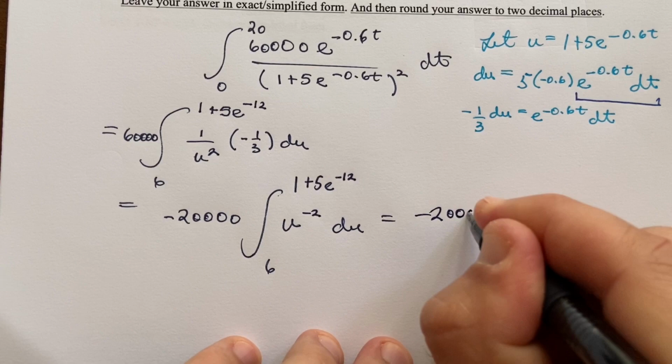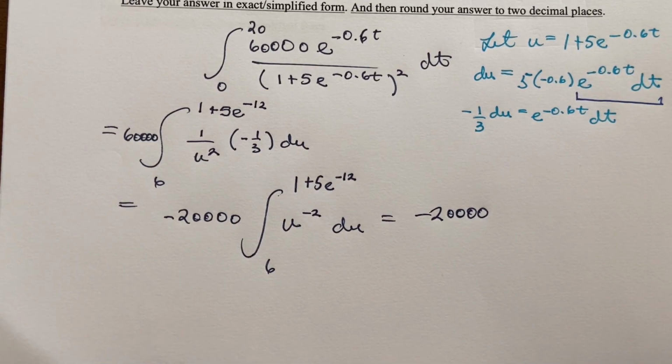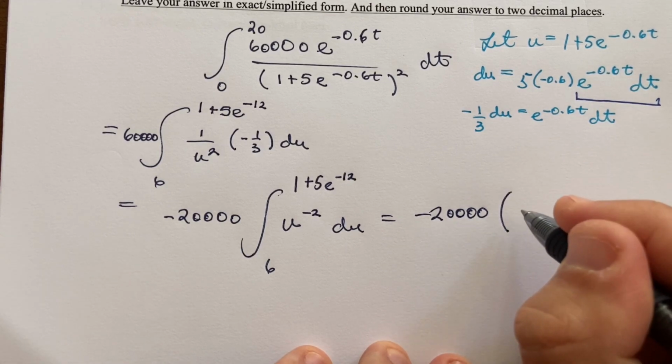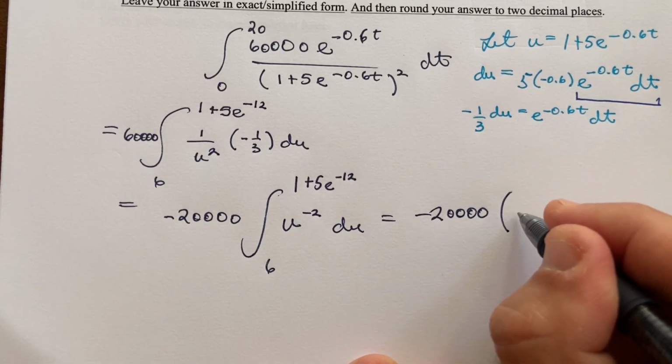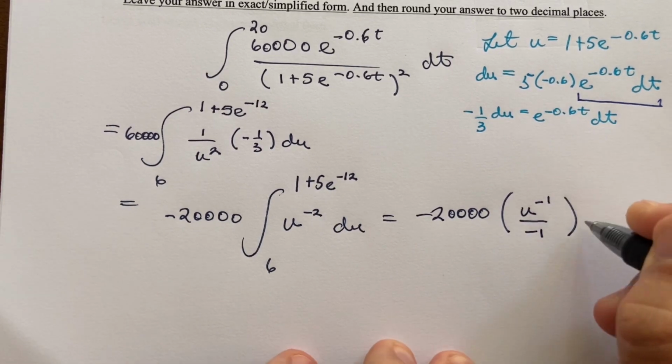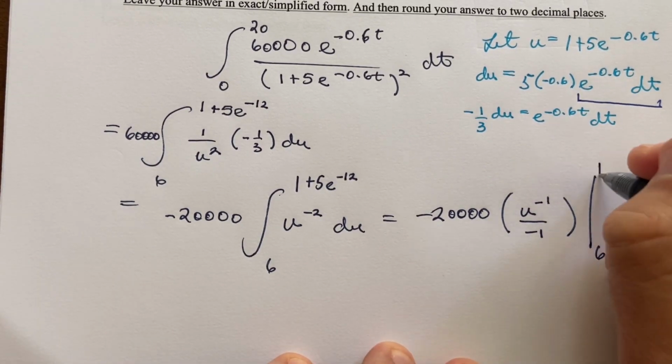So negative 20,000 times, so raise this power by 1, divide by the new power, and then evaluate the 6 to the 1 plus.